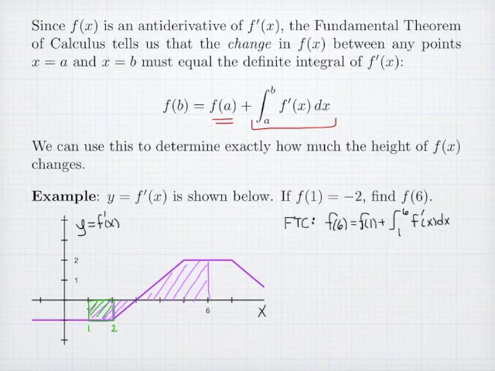The width is 1, and looking at the height, it's also 1. So this area is 1. If I think about what's next to it, I have a triangle, which is exactly a half of a unit. It's half of a square.